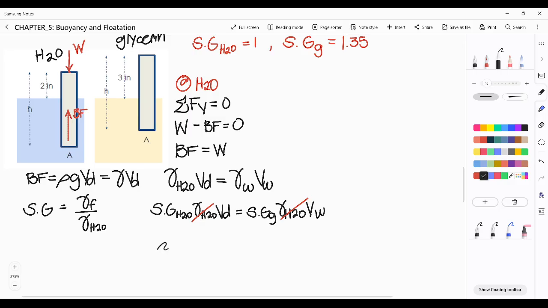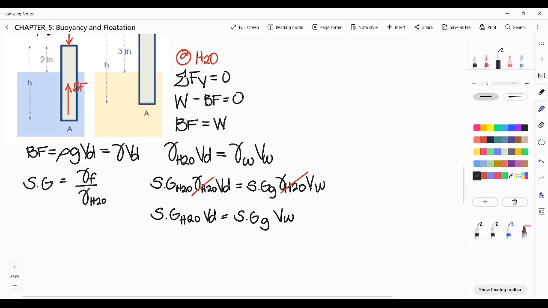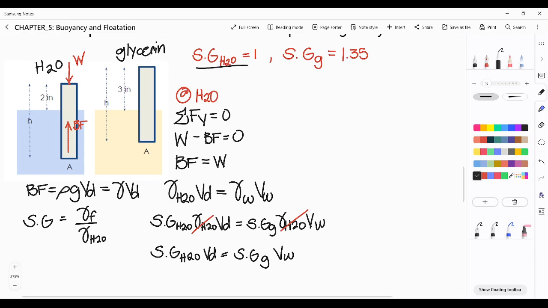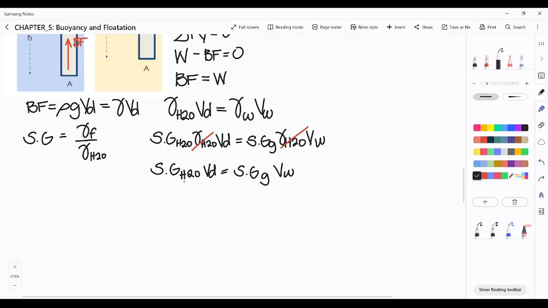And we are left with the specific gravity of H2O times the volume displaced and then the specific gravity of glycerine and then the volume of the wooden block. Ayan. We are given the specific gravity of H2O and the specific gravity of glycerine. Right. Pwedeng hindi natin siya isulat kasi 1 lang.